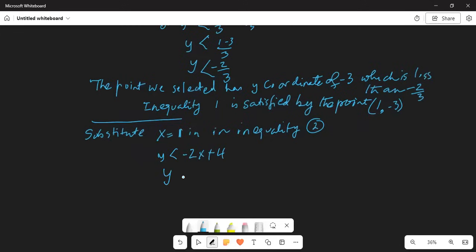So y is less than minus 2 times 1 plus 4, or y less than minus 2 plus 4, so y is less than 2.